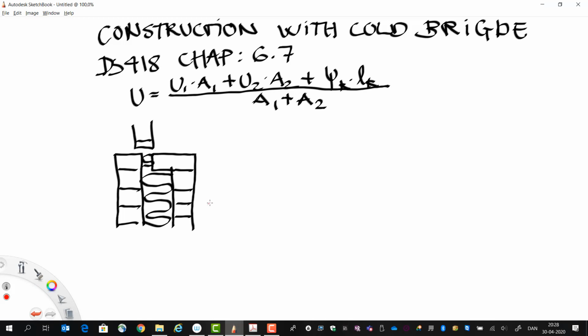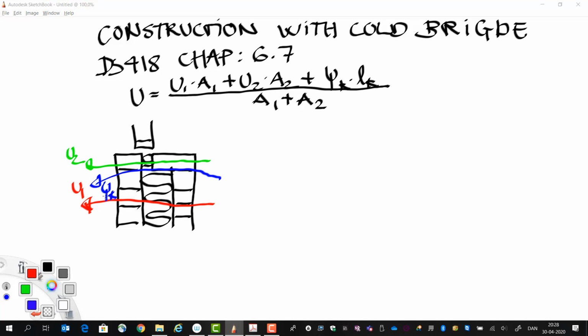Then we have a U-value here, a simple U-value, which we call U1. And up here, where we have less insulation, we have U2. And then where we have the change in insulation layer, we have the linear loss, which is called psi k. So here we have the three different losses in the construction.